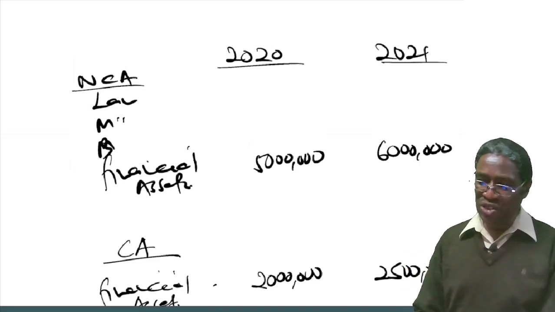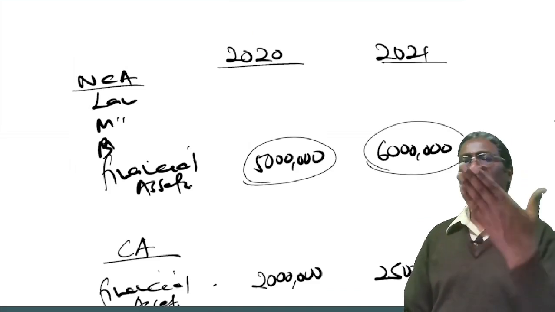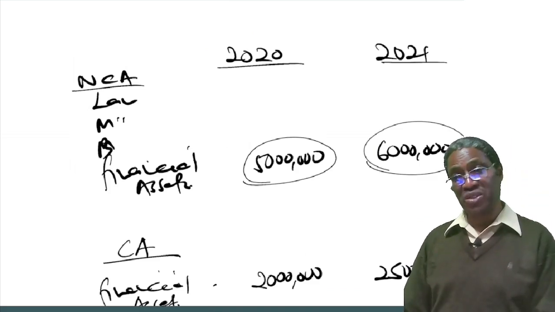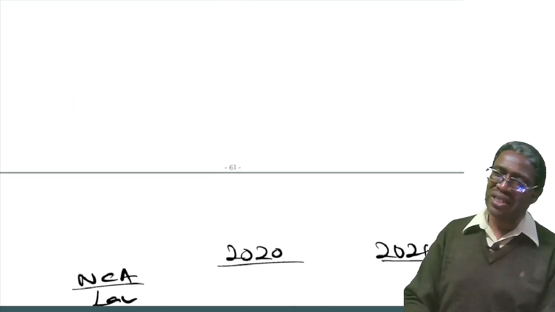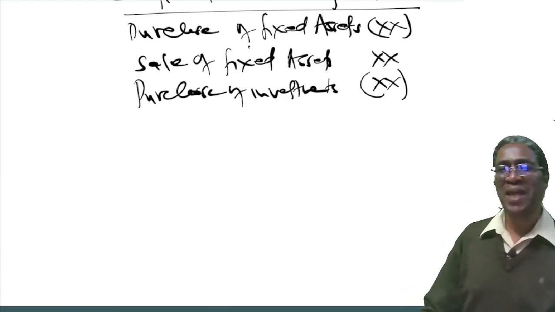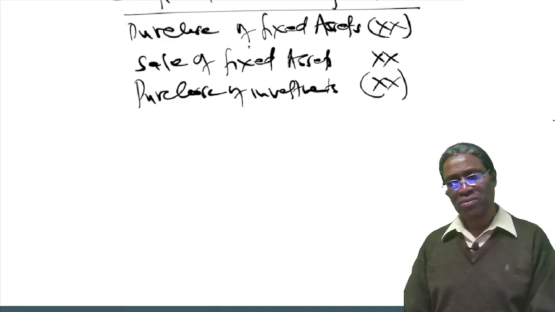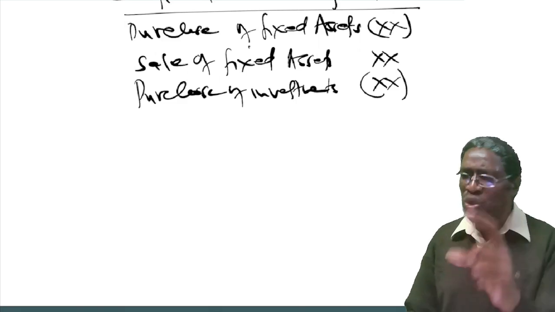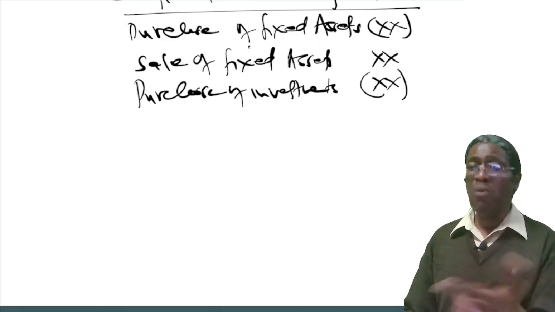assets. For financial assets worth 5 million last year, this year 6 million, you must have purchased some investments. Okay, good. Those are the ones you put among the investing activities. Are you there? Good. Now, these same investments that you bought could have given you a return in form of dividend.